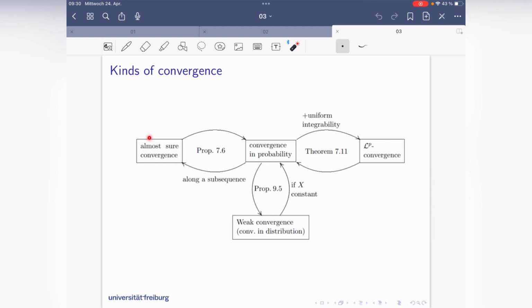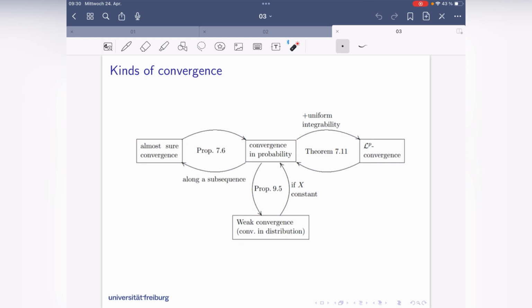Almost sure convergence you know from calculus, or if you have measure theory, that's the same as convergence almost everywhere. You do not know convergence in probability, probably. LP convergence you might know from measure theory, and weak convergence you might know if you have already attended a class in functional analysis.